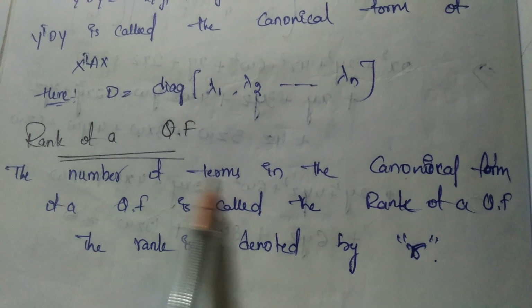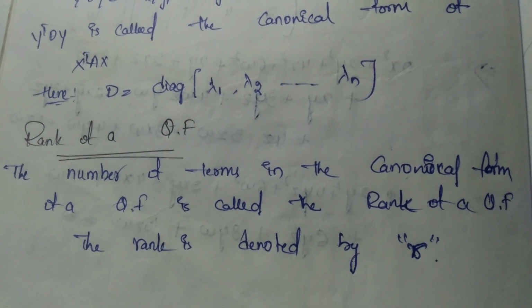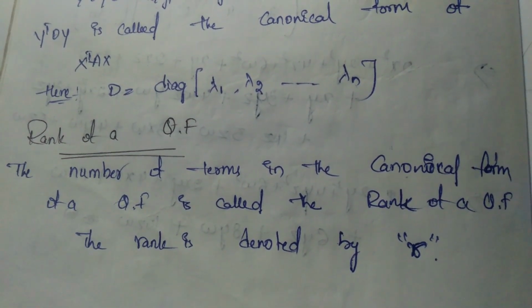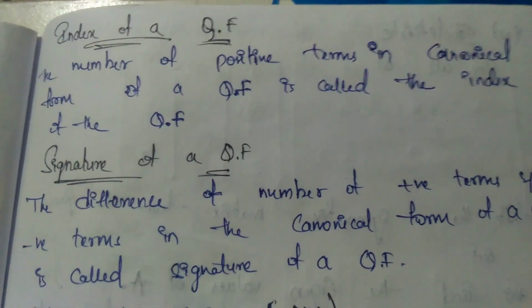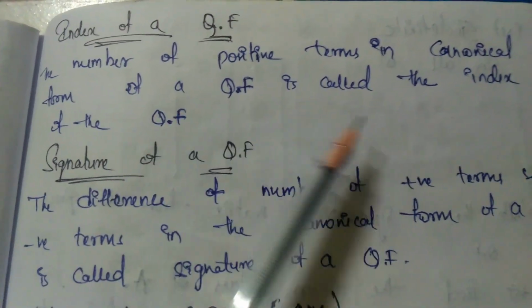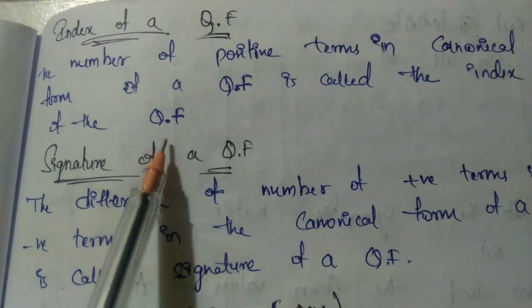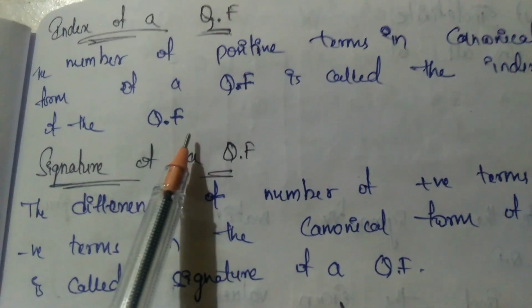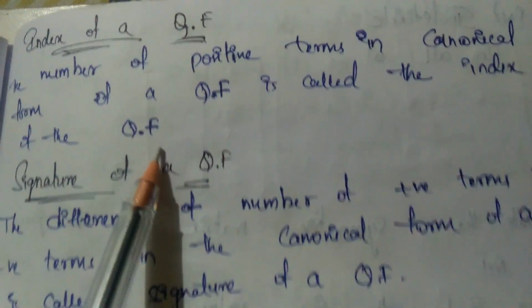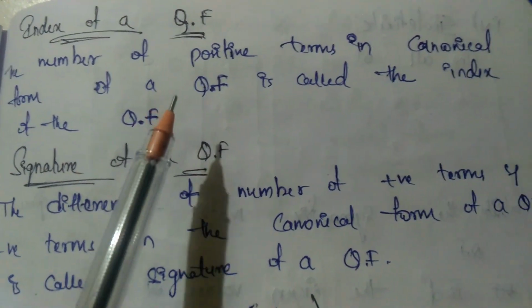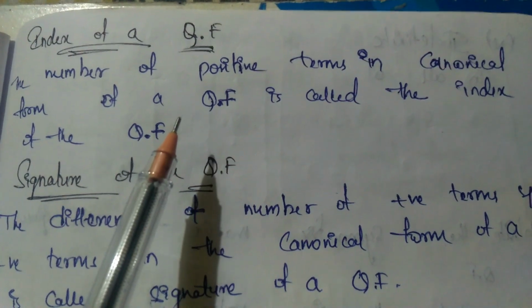Index of the quadratic form: the number of positive terms in the canonical form of a quadratic form is called the index of the quadratic form. So in the given quadratic form, the count of positive terms is called the index.